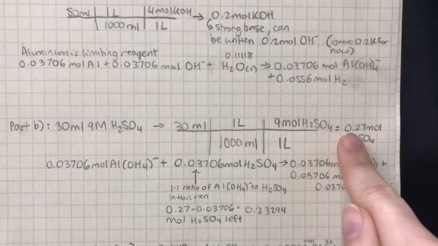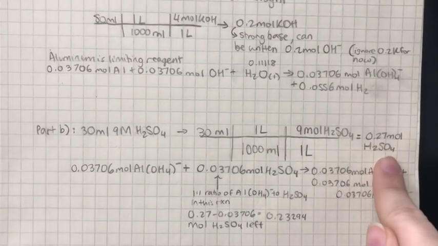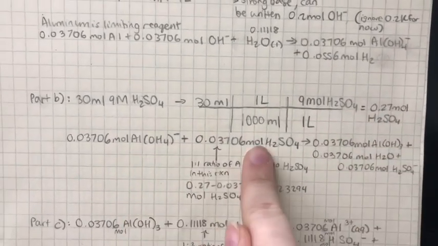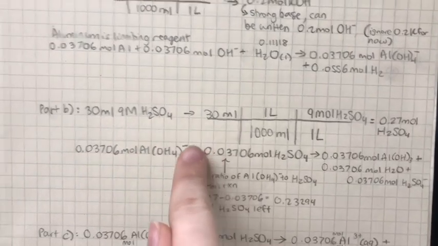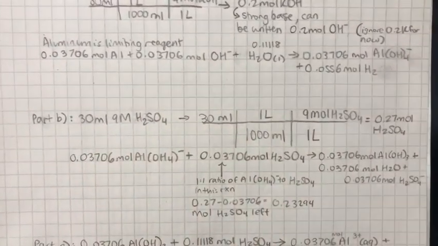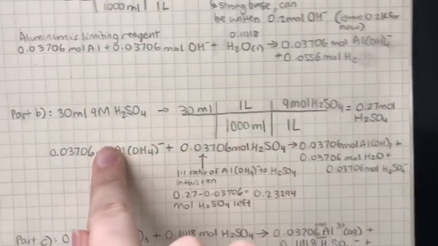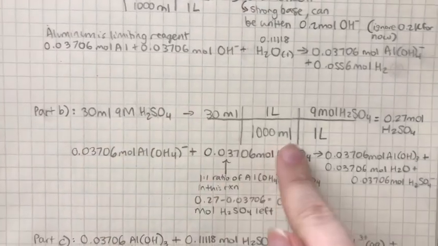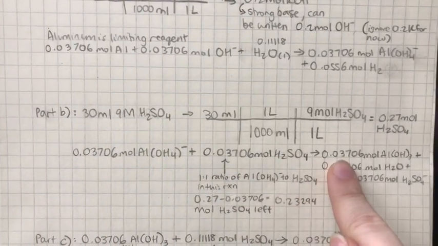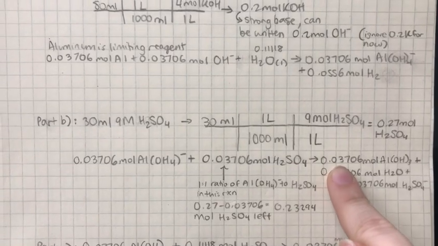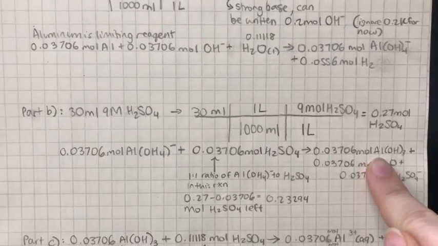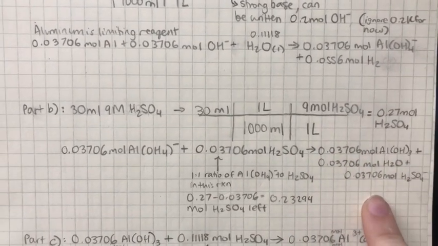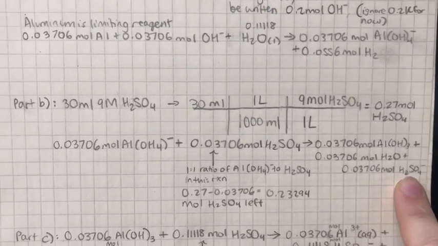We get 0.27 moles of sulfuric acid. When you react the two of them, you find that this is the limiting reagent, so these two have the same molar amount, and from this, we produce 0.03706 moles of AlOH3, as well as water and H2SO4 minus.